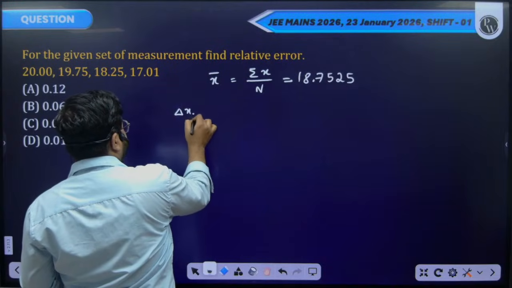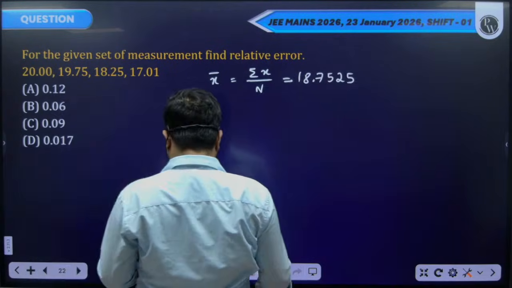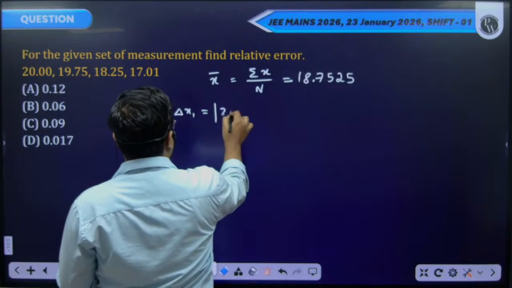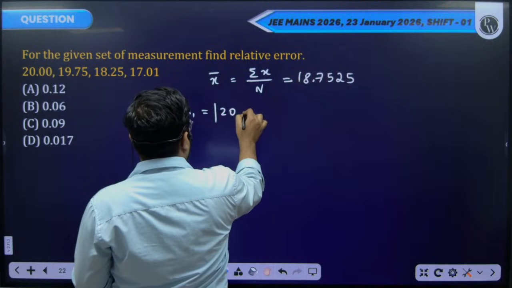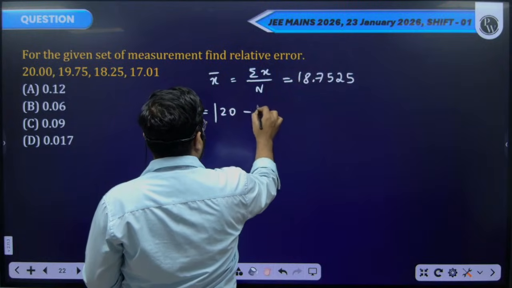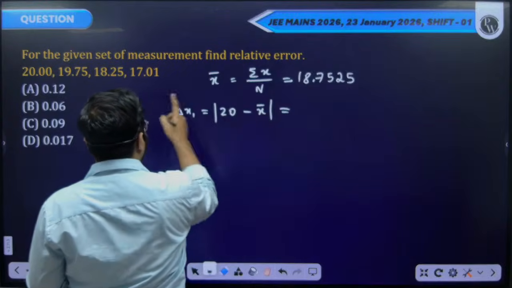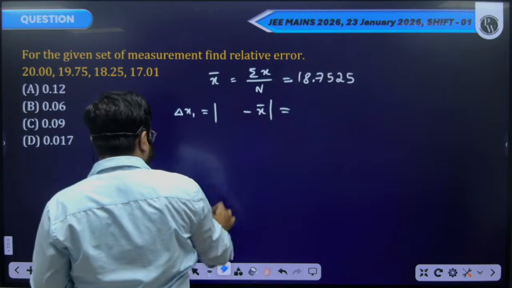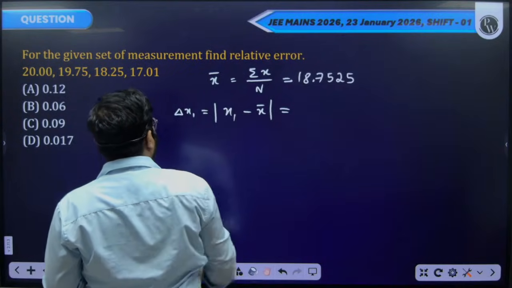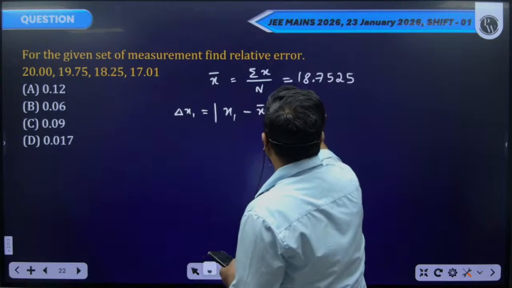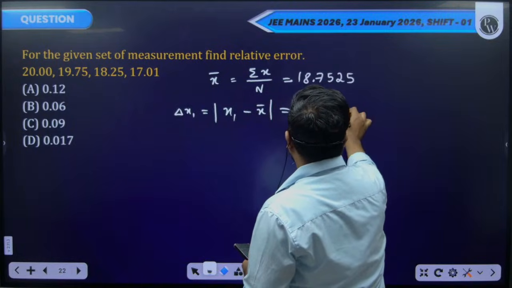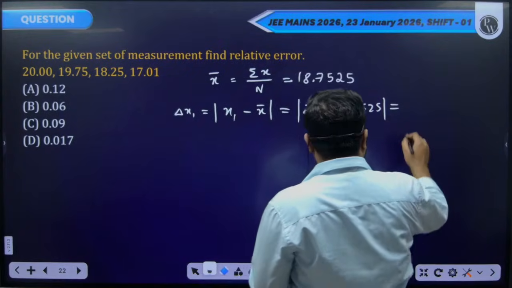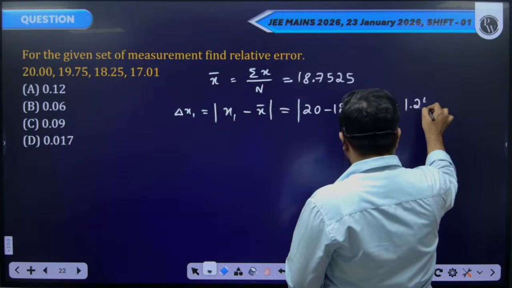Delta x1 is the magnitude of x1 minus x bar. Similarly this will be 20 minus 18.7525. This value will come out to be 1.2475.